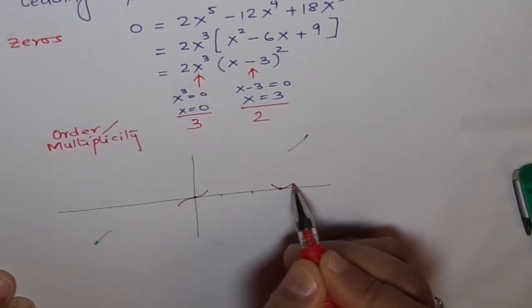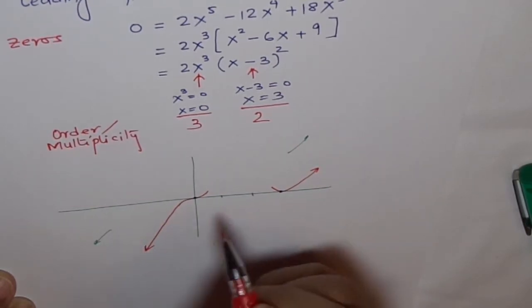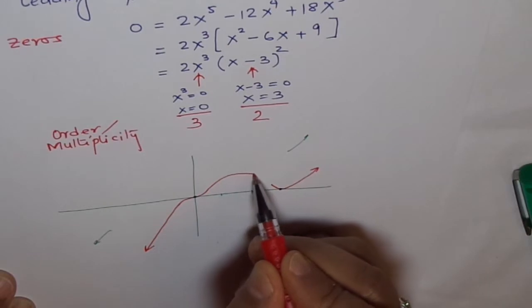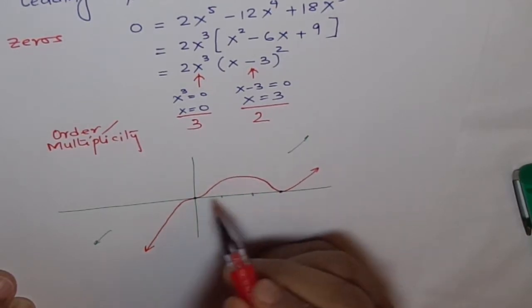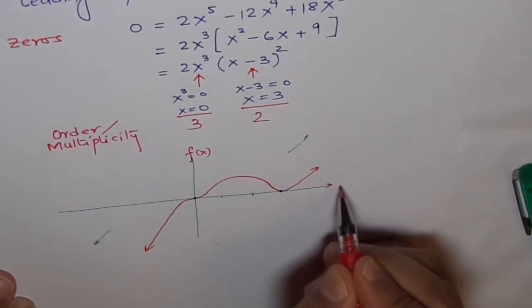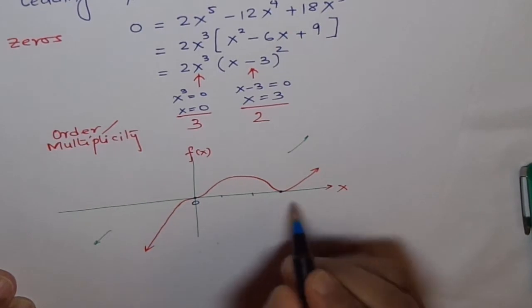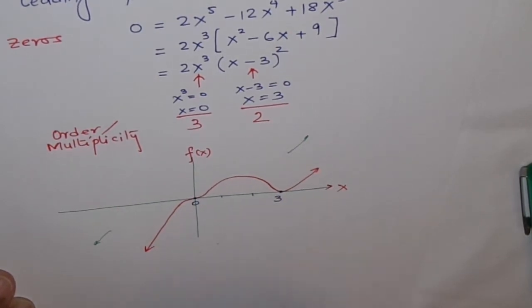That will go like this. Let's join our graph, right? So we'll do this like this, and there it goes. So that's kind of our function f(x), and this is x. Correct? These points, as you see, are 0 and 3.